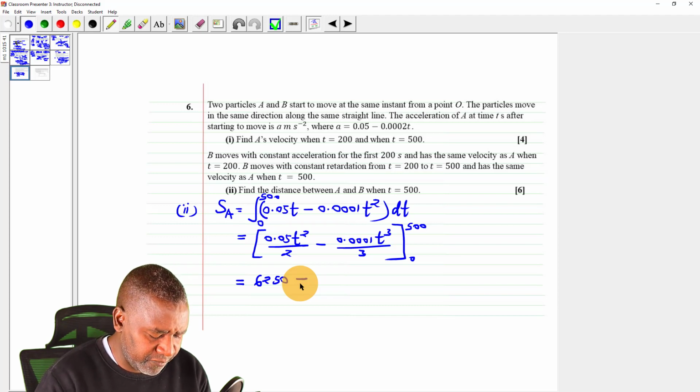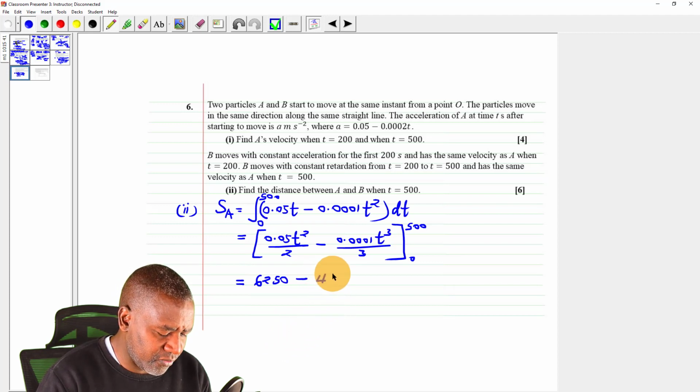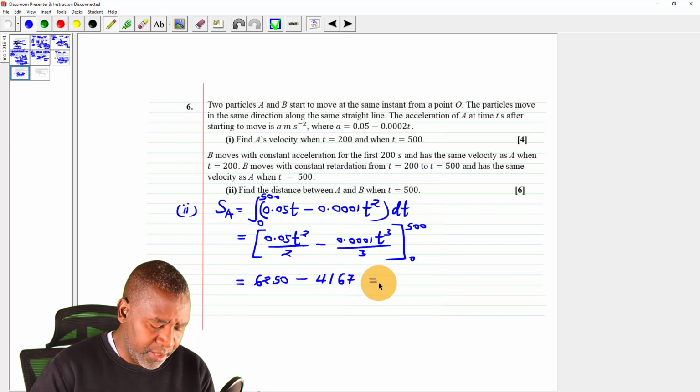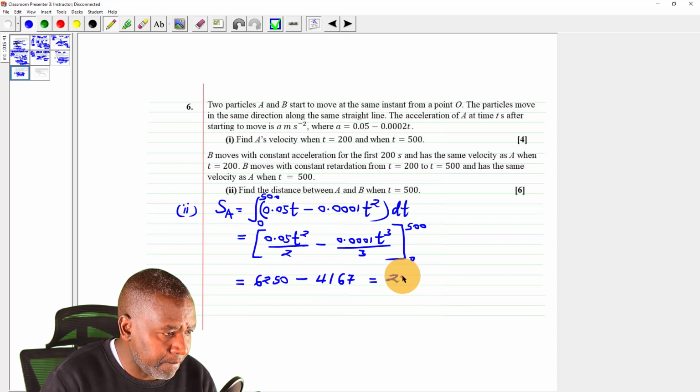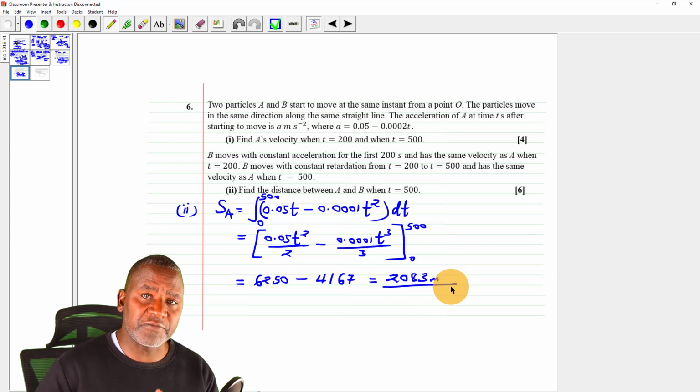I'm going to get 4166.666 recurring, so just rounding it up, 41.67. So I have 6250, I subtract 41.67, and I get 2083 meters. So that is the displacement of particle A.